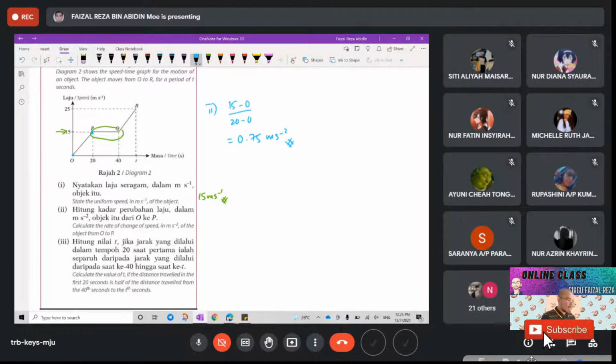Okay, next, number 3 over here. Calculate the value of t if the distance traveled in the first 20 seconds is half of the distance traveled from the 40th second to the t second. This one you have to do. Half of it means this is going to be our 20 seconds, so it's going to be our triangle there.